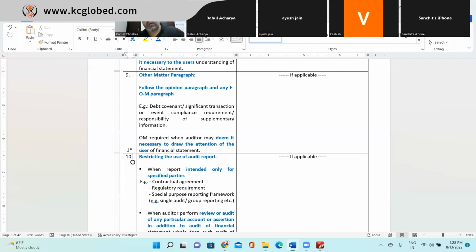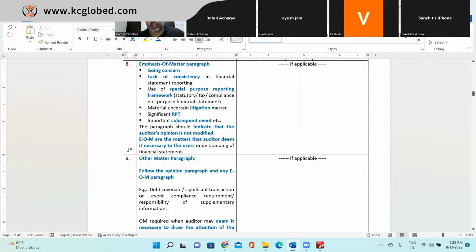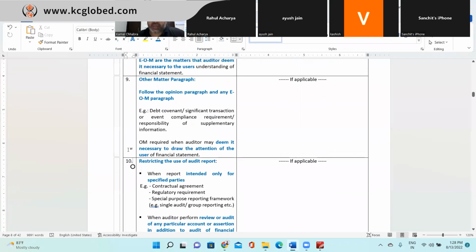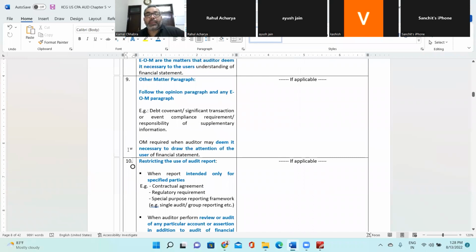Even though it does not fall in any of the 6 categories mentioned above. So we gave in the other matter paragraph that the company made more than 90% of sales to Bajaj Automobile. That's a significant contract the company has, and their business is dependent on the requirements of Bajaj Automobile.